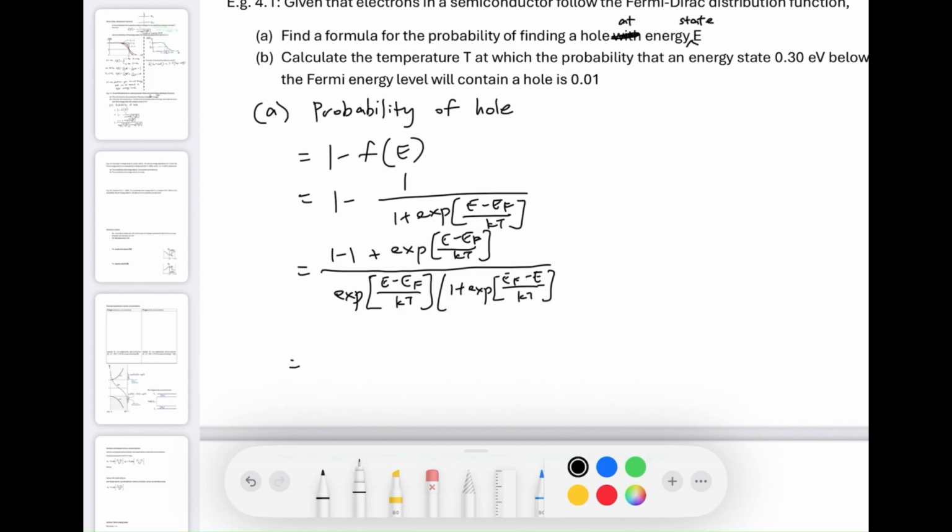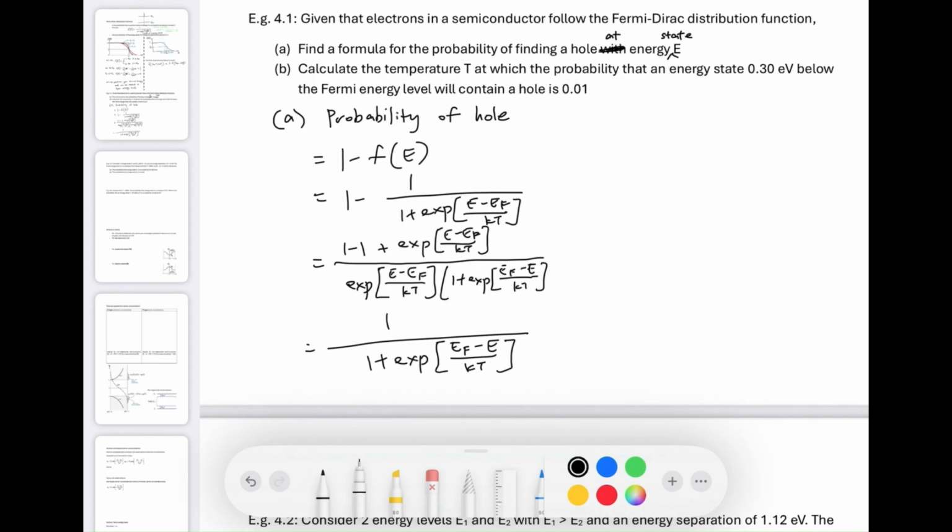So if you work this out, cancel this to 1, cancel this too, it is actually the same as 1 over 1 plus exponential of EF minus E over KT.